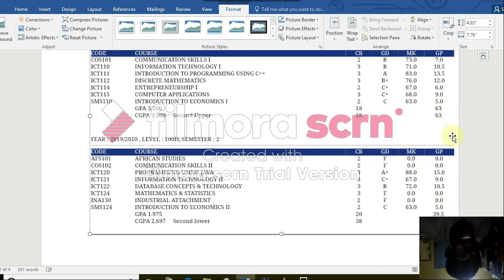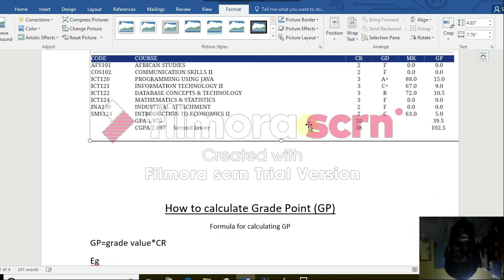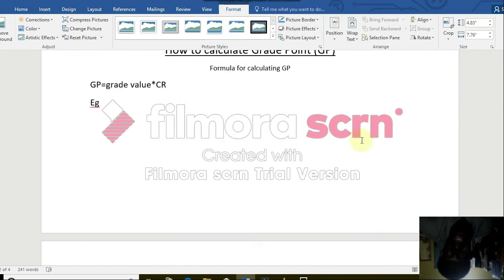Adding the 63 and the 39.5 gives us 102.5. So 102.5 is the sum of all the grade points, and the sum of all the credit hours is 38. So we divide the total grade points, 102.5, by 38, the credit hours.